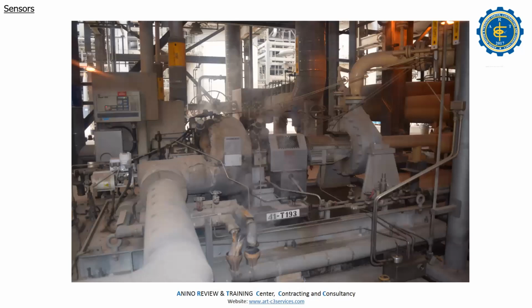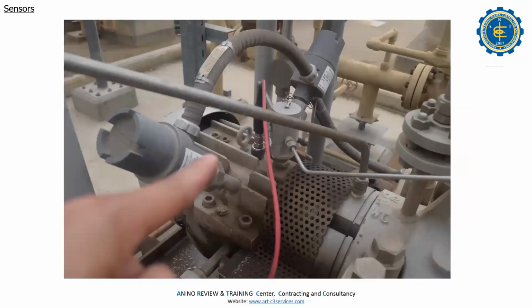So this one is our steam turbine. This is the pump, but driven by the turbine. And this is the proximity probe. This is the accelerometer of the CSI.